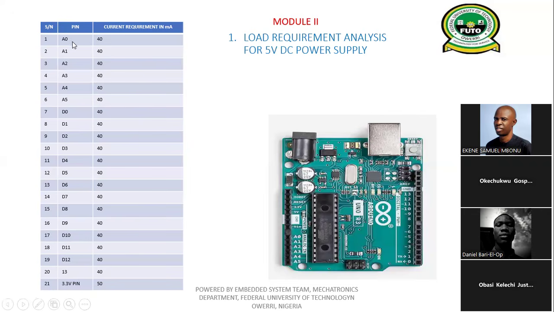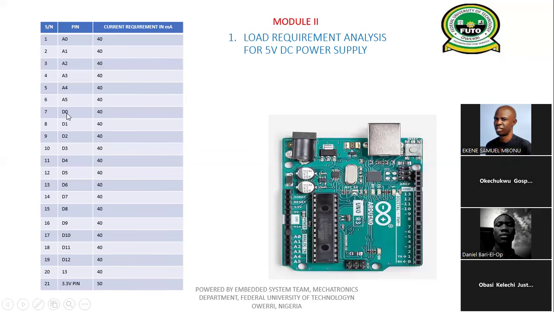We have A0 to A5. From the data sheet, the maximum current consumption of each analog channel is 40 milliamp.